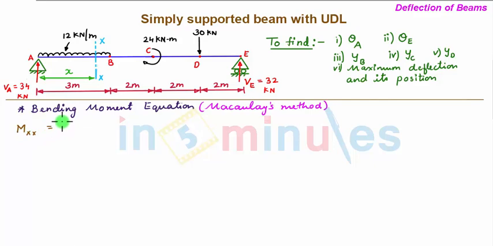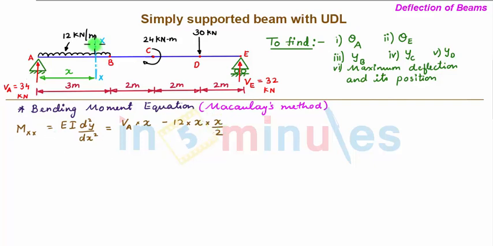Mxx, which is also equal to EI d square y by dx square, is equal to, we have a clockwise moment due to this vertical support reaction VA at a distance x, so we have VA into x, and we have an anti-clockwise moment due to this UDL of 12 kN per meter acting for a distance of x meter, so we have minus 12 into x, which gives the magnitude of this UDL, and it is acting at a distance of x by 2 from section XX, so we have x by 2.